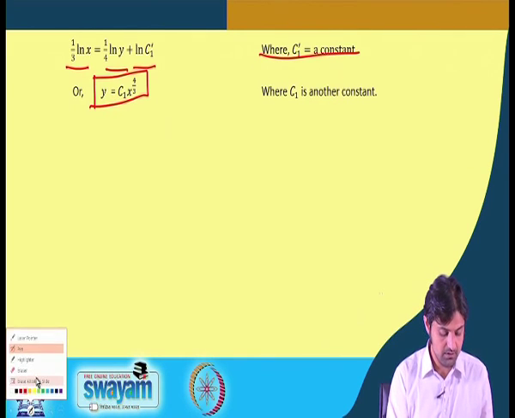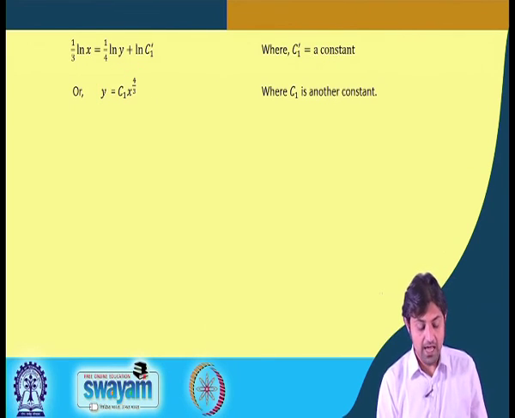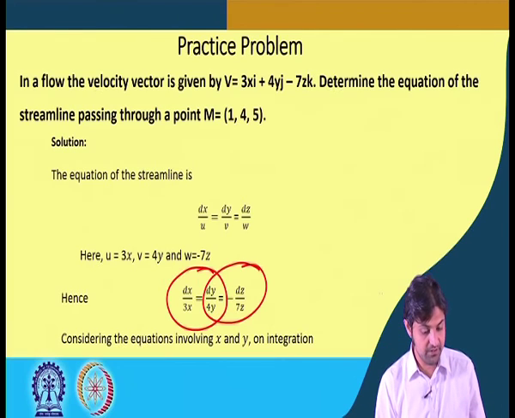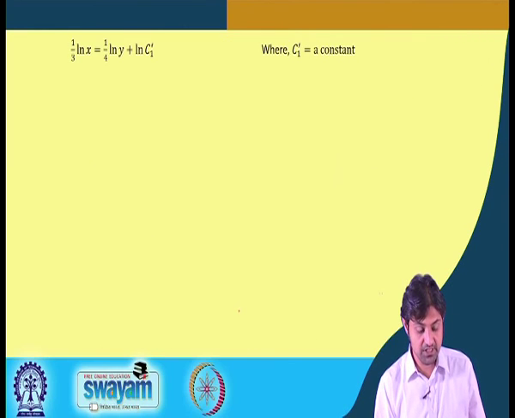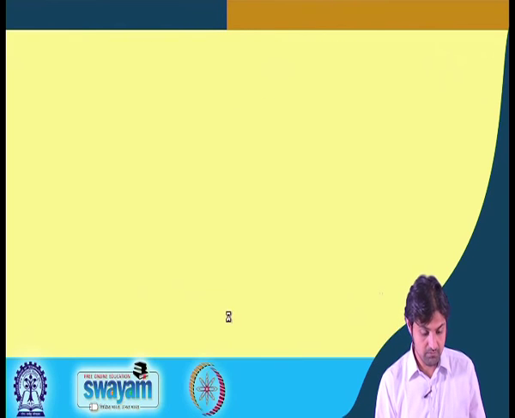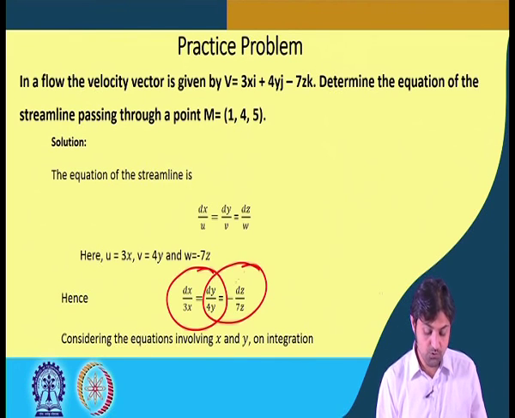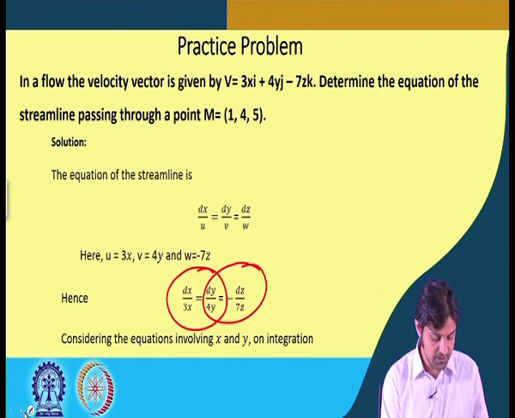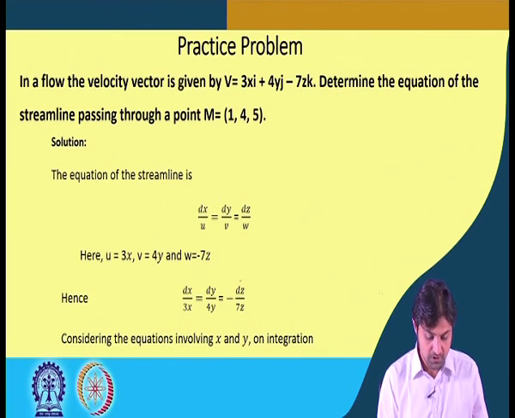On integrating the second equation, this one here, dy by 4y is equal to minus dz by 7z, either we can integrate this second equation, or we can also use these two equations together.